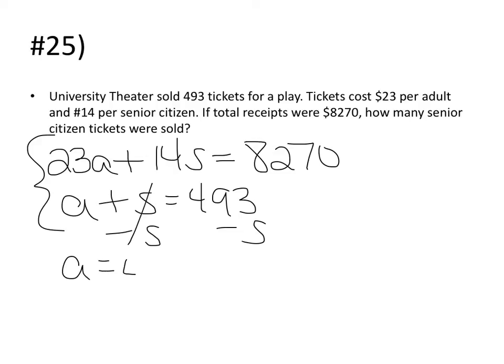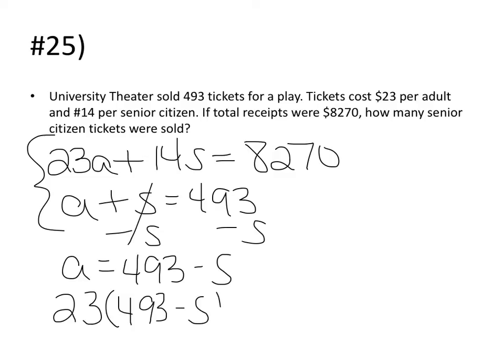A is equal to 493 minus S. So now I'm going to plug this in for A. So I have 23 times 493 minus S plus 14S is equal to 8270.